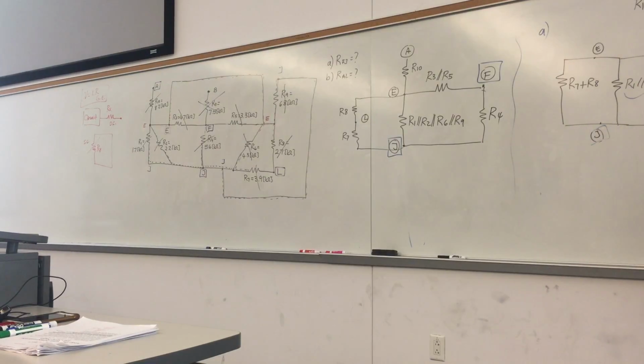So that what I have is R pi 1 in parallel with parenthesis 7 plus 8. And this is from E to J. And then I have R3 in parallel with R5. Then R4. Here's my F. Now what?